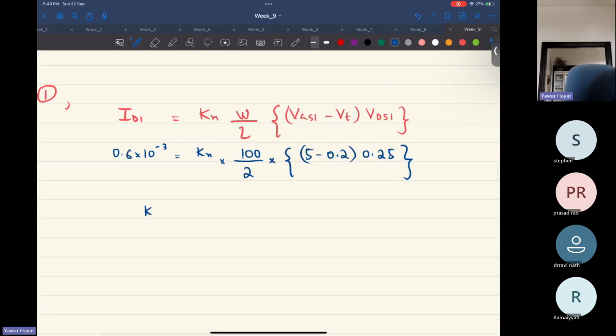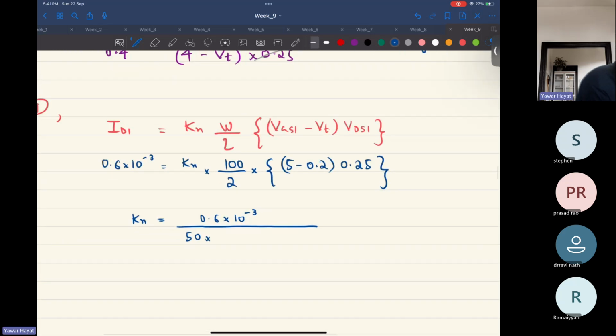Your Kn would be equal to 0.6 into 10 to the power minus 3 whole divided by 50 into this, which would be 4.8.